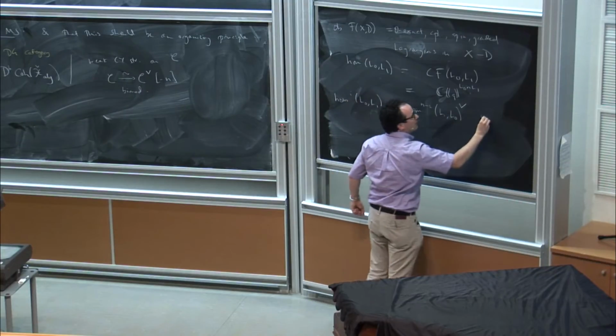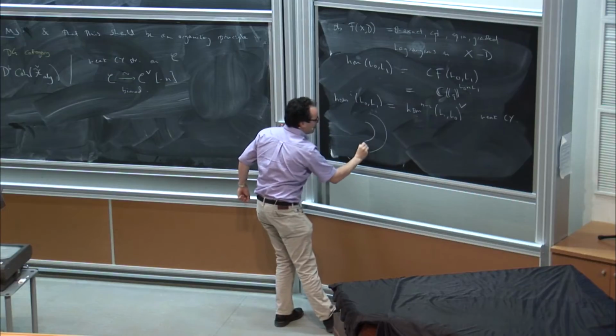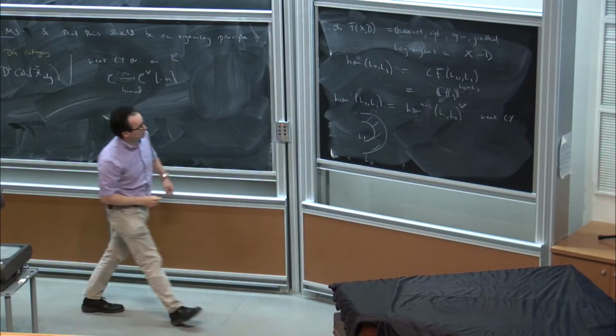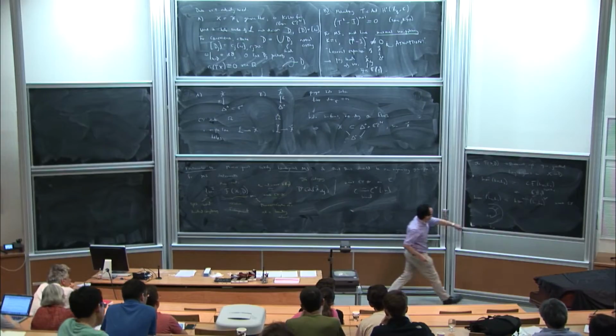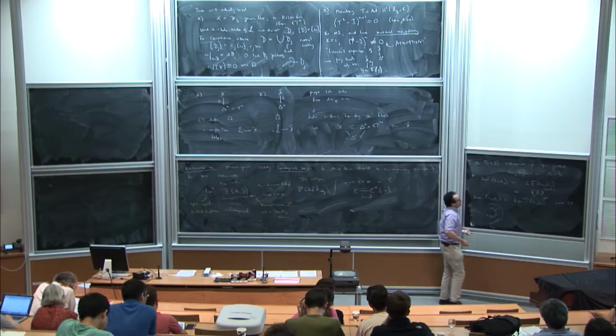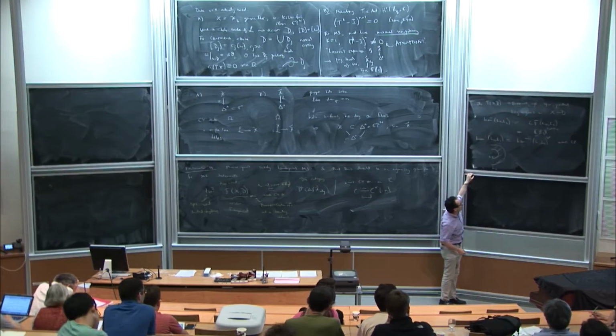So that's the weak Calabi-Yau structure. There's a pairing involving holomorphic curves with boundary conditions L0 and L1 like this, which pairs this thing with this thing. So the weak Calabi-Yau structure is just intrinsic to this category.